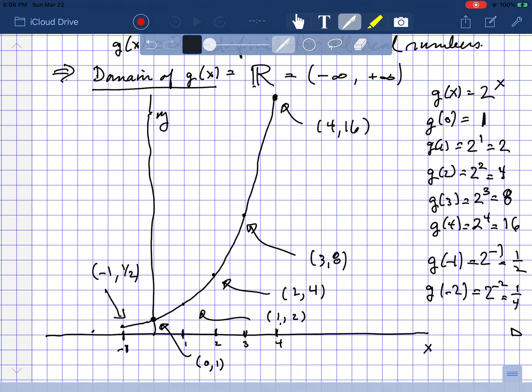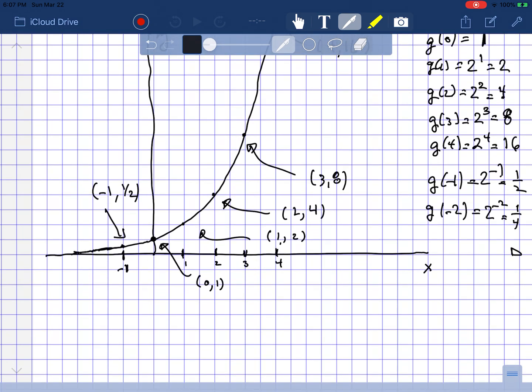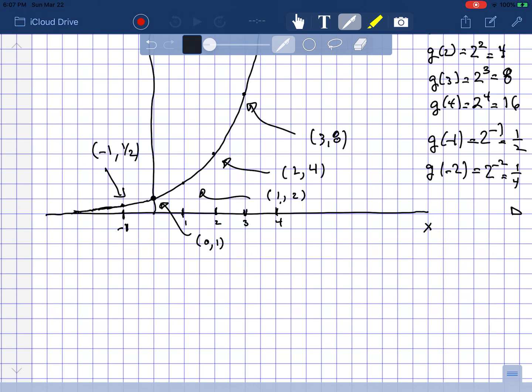And so that would be right about here. And this curve is just going to get closer and closer to the x-axis without ever touching it. And I can't draw that, of course, but what we find is the following.